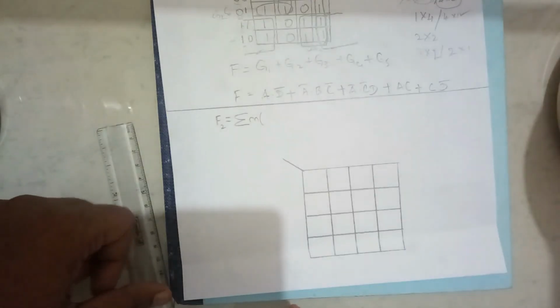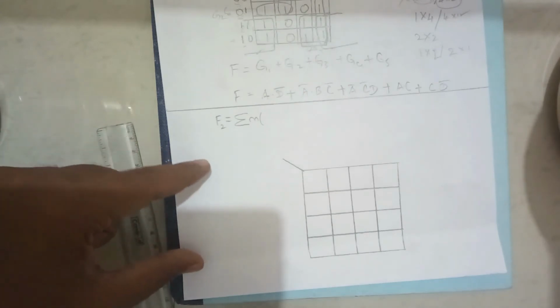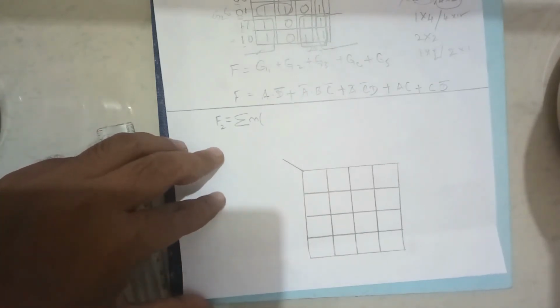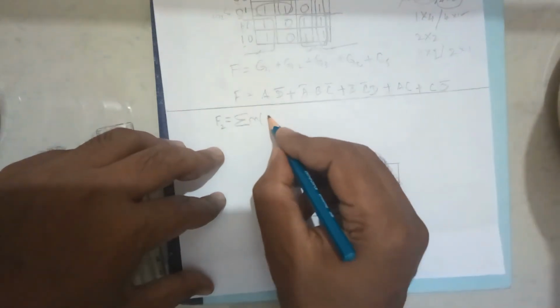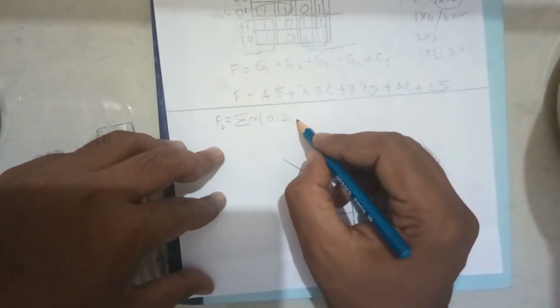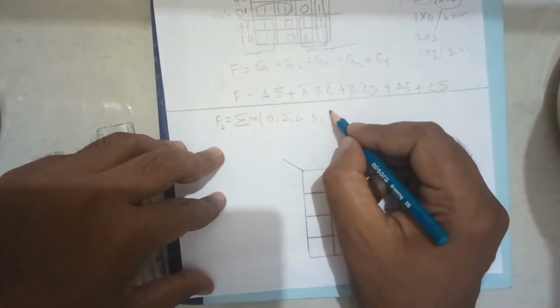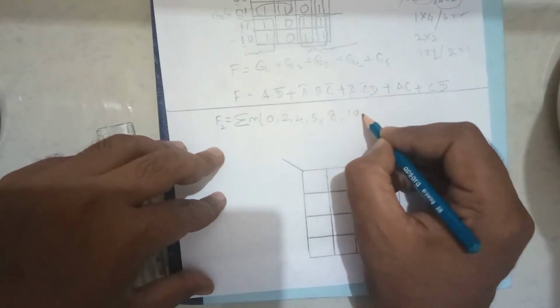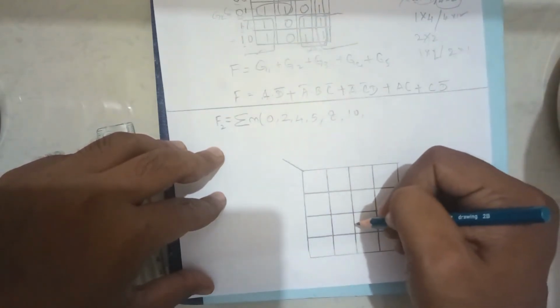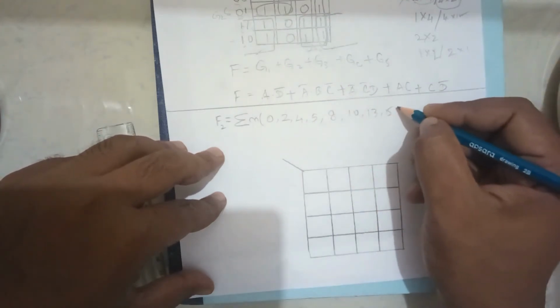So let me try with another example, right? Okay, here I am going to do with some other example. The function having sum of min terms such as 0, 2, then maybe 4, then maybe 5 and 8, 10 and 13, 15.